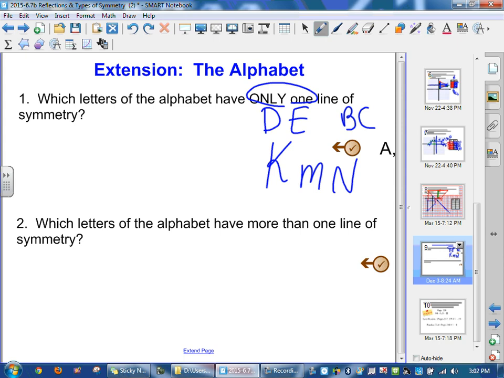But if C has one, then N. If you go diagonal. Yes, if you go diagonal, you are right. So we could go diagonal on N. Okay. O has more. P, no. Q, R, no. S. Does S have more than one? S only has one.